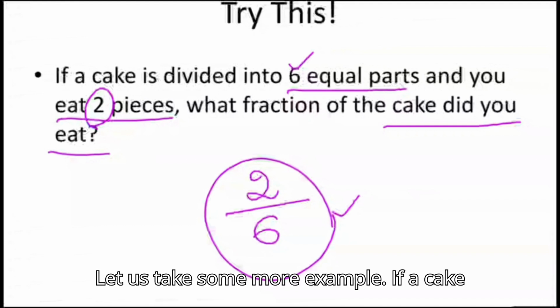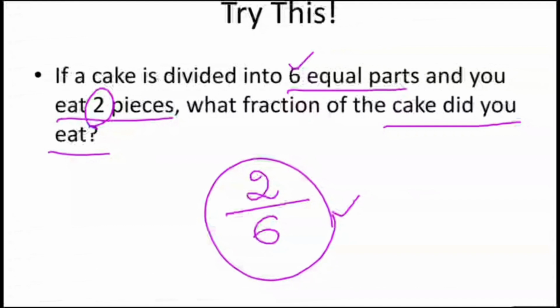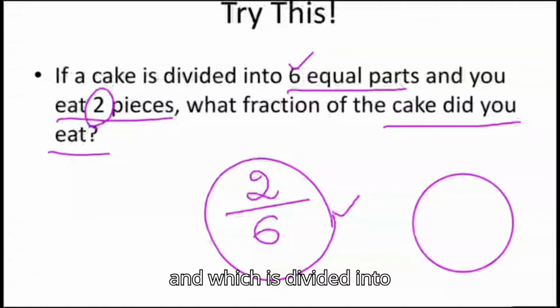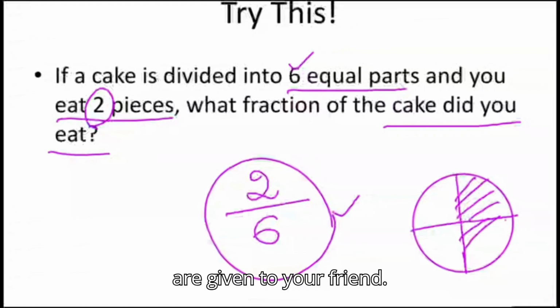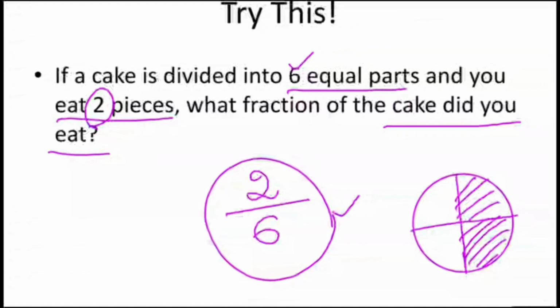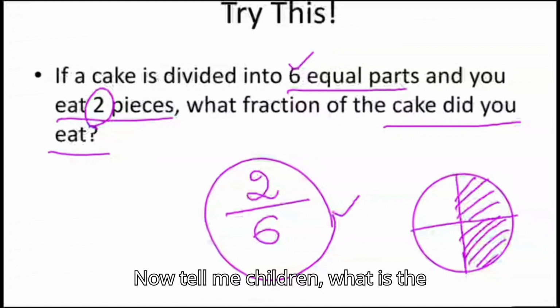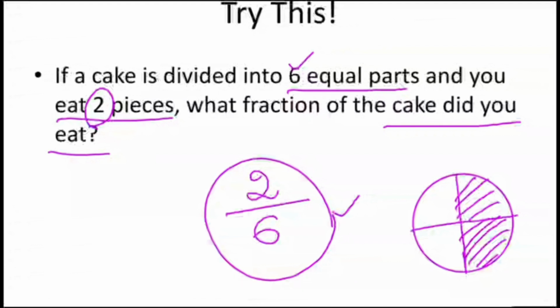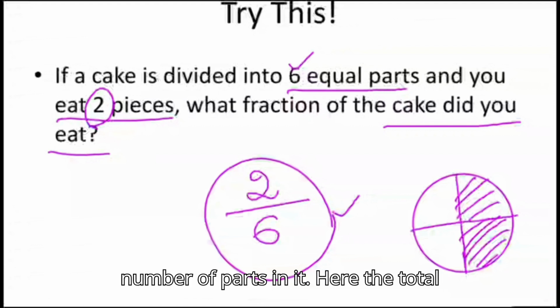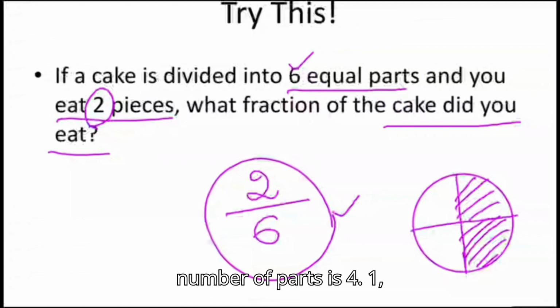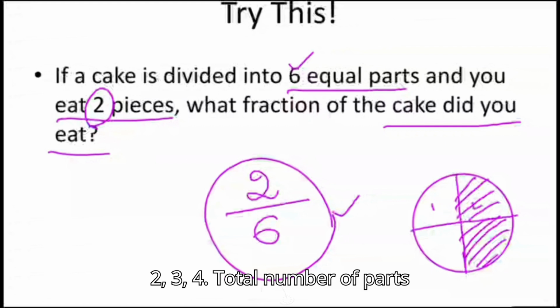Let us take some more examples. If a cake is like this, divided into 4 parts, and 2 parts are given to your friend, now tell me children, what is the fraction for this? First of all, we should observe the total number of parts. Here the total number of parts is 4: 1, 2, 3, 4.